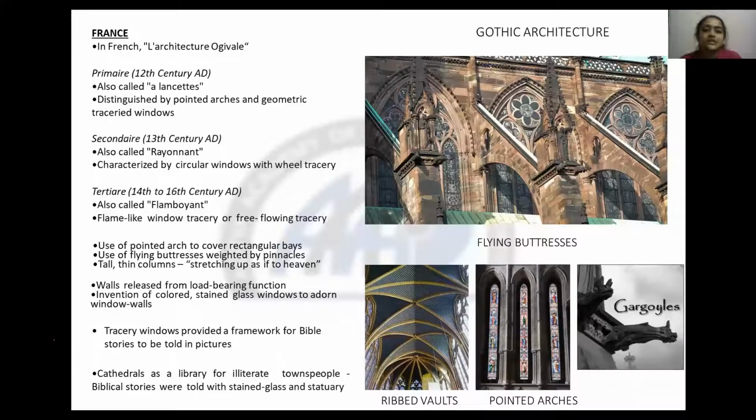Can anyone say why only flat roofs were used rather than any other kind of roof? Can someone unmute and say why? Why is it that everywhere the roofs are very flat? Why cannot it be a circular roof or something?